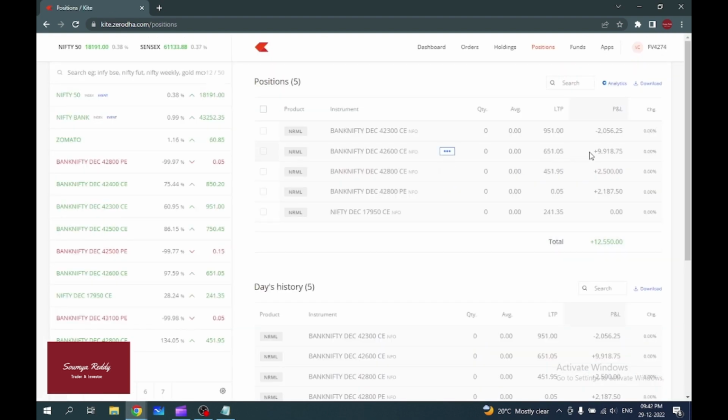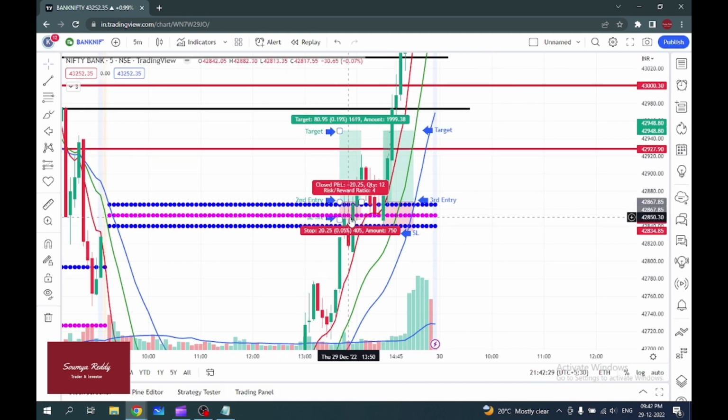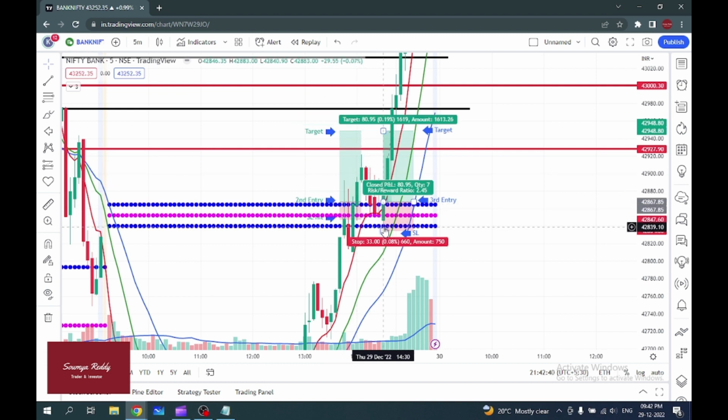So now let's see how I made this big profit for the day, which is 9k. Here I got trapped in the CPR breakout strategy, and the same here on the second entry I got trapped and my SL hit on the CPR breakout strategy. So I did not make another entry at this 2 PM candle. I waited for the market to retrace.